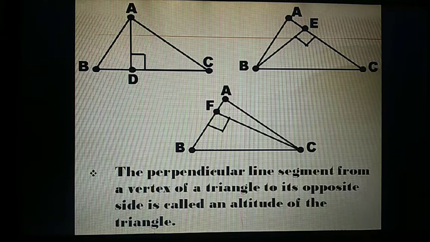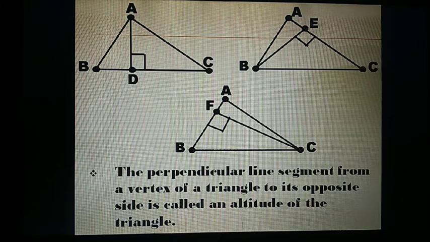So we can say altitude is the perpendicular line segment from a vertex of a triangle to its opposite side. In case of median, we are connecting the vertex to the midpoint of the opposite side, and in case of altitude, we connect the vertex such that it will be perpendicular to its opposite side.